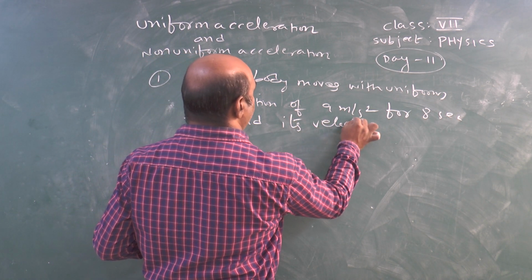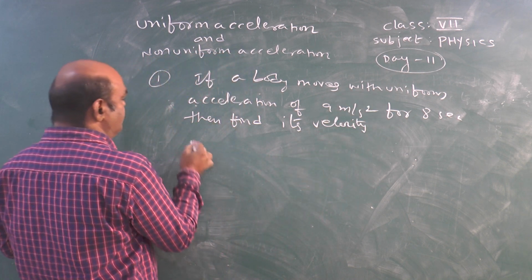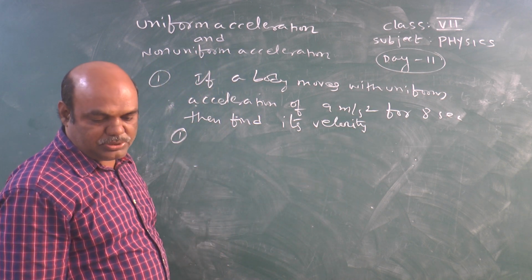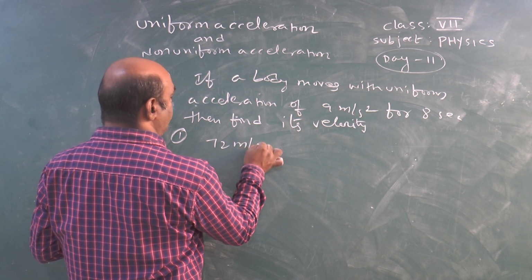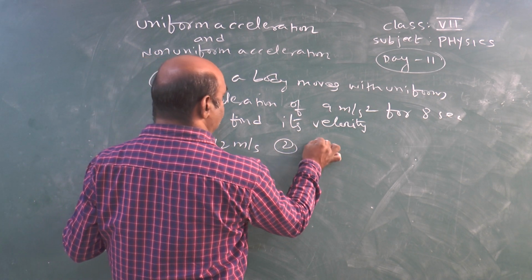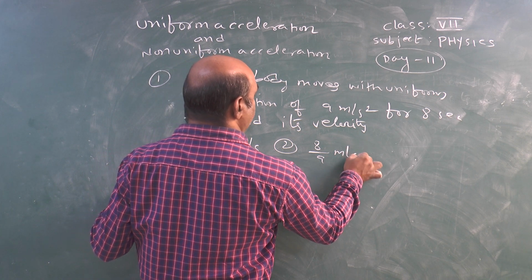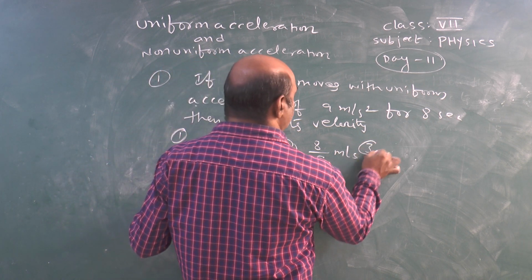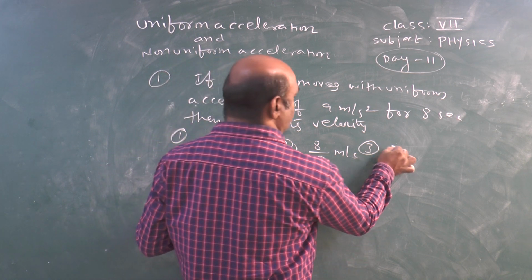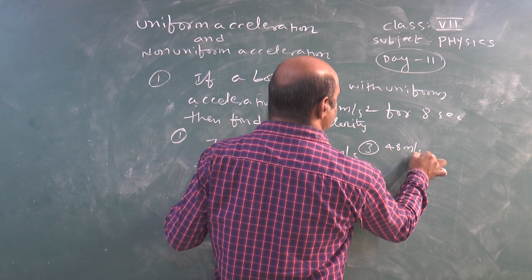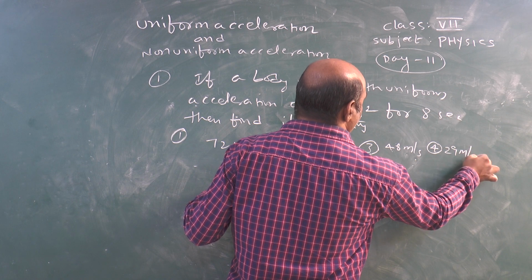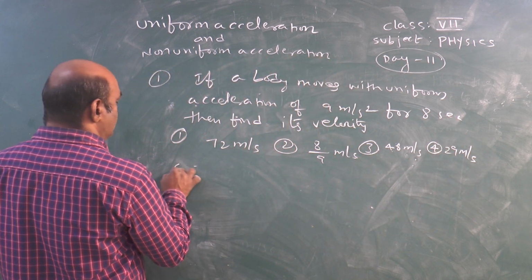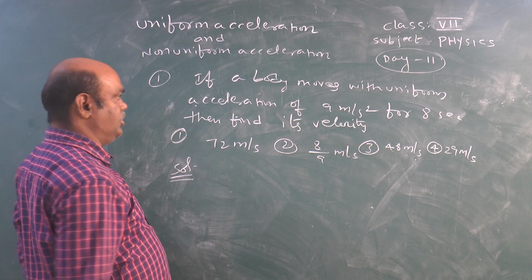The options are: 72 meter per second, second option 8 by 9 meter per second, third option 48 meter per second, fourth option 29 meter per second. So what is the solution?